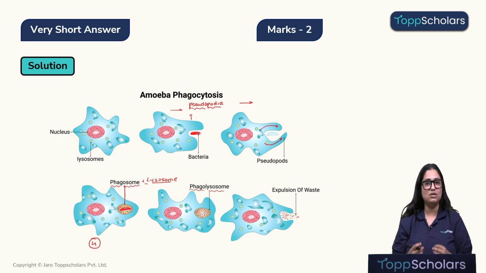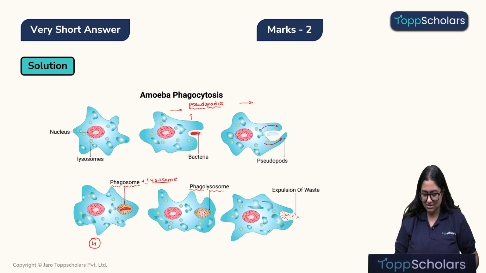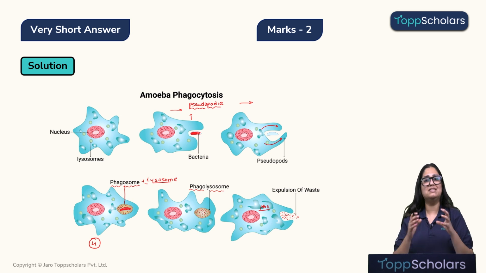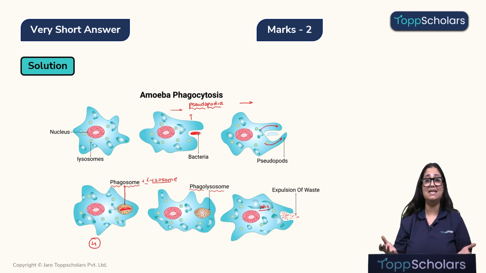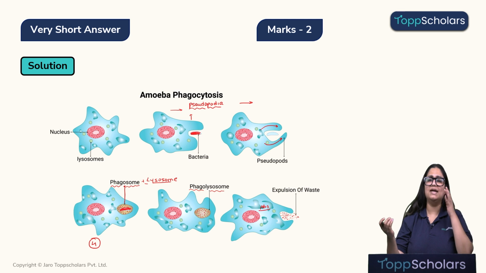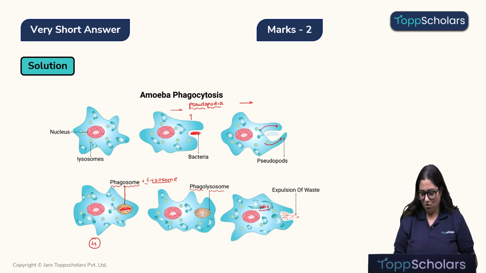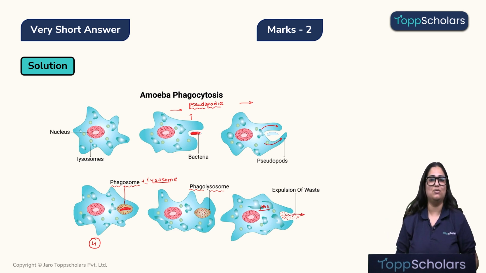Now, once the food is broken down into simple substances, all these simple substances will be absorbed inside the amoeba. Okay. The waste, however, is still present in that sac. Now, we can see this waste being propelled to the end of the cell, which could be at literally any point because this is completely irregular. So, it will be taken to the end of the cell at one point and all this waste will be expelled out. Alright, and this entire process of digestion in amoeba is known as phagocytosis.